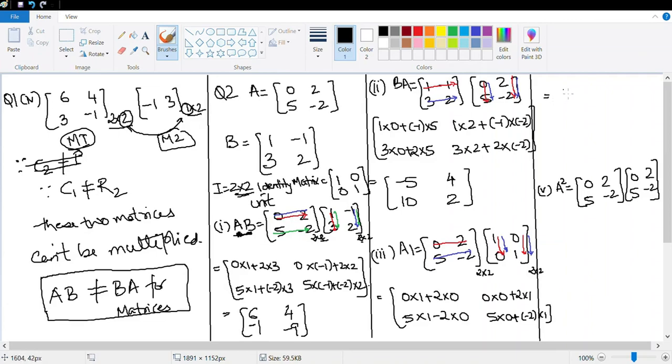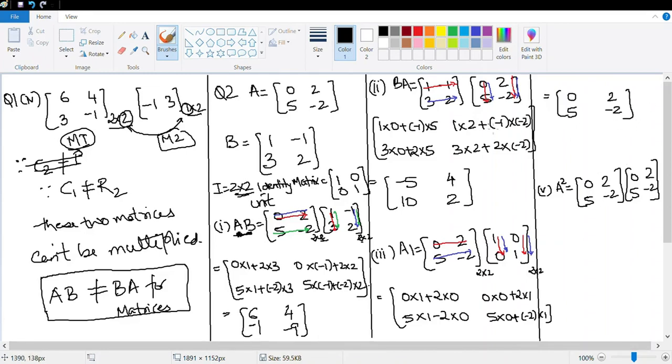So 0 into 1 is 0 and 2 into 0 is 0, so this is 0. 0 into 0 is 0, 2 into 1 is 2, 5 into 1 is 5, and this is 0, so this is 5. 5 into 0 is 0 and negative 2 into 1 is negative 2.